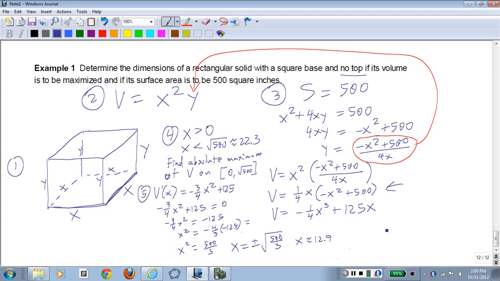So what is v of 12.9, or v of the square root of 500 thirds? Negative 1/4 times 12.9 cubed plus 125 times 12.9 is about what? What's the volume?